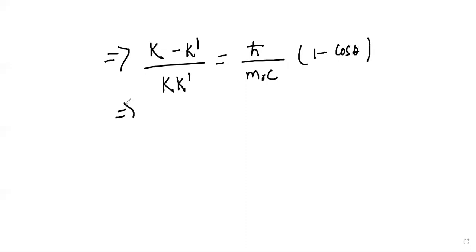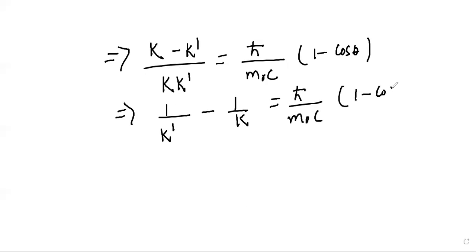So taking k by kk prime minus k prime by kk prime, you can rewrite this as 1 by k prime minus 1 by k is equal to ħ by m0 c into (1 minus cos theta).